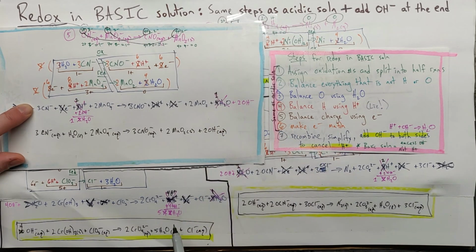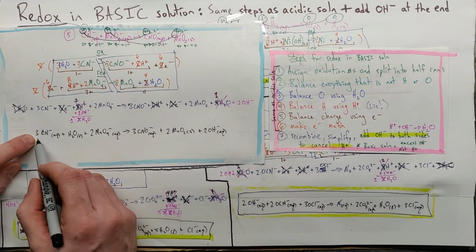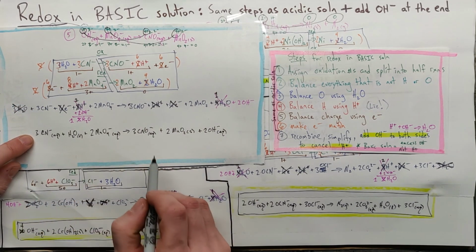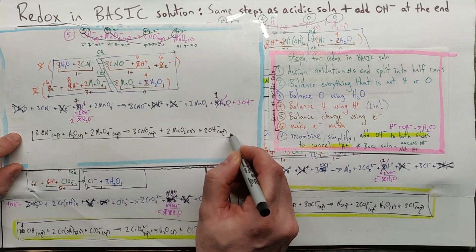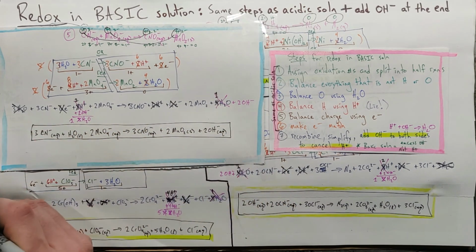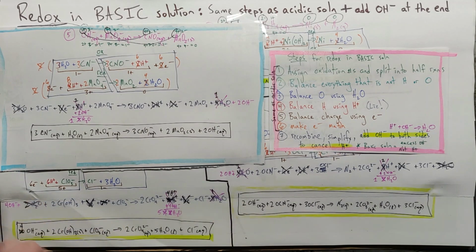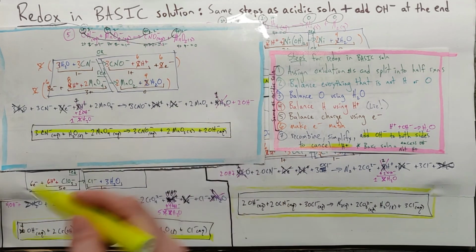Let's do a quick double check here on charge. 3 minuses, 4, 5 minuses, 3 minuses, 4, 5 minuses. So as long as we didn't screw our waters up, that looks pretty good.